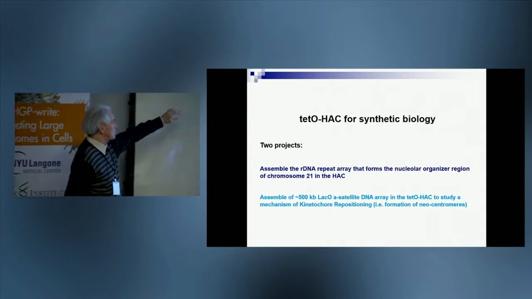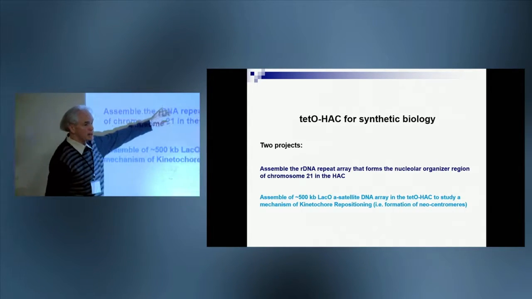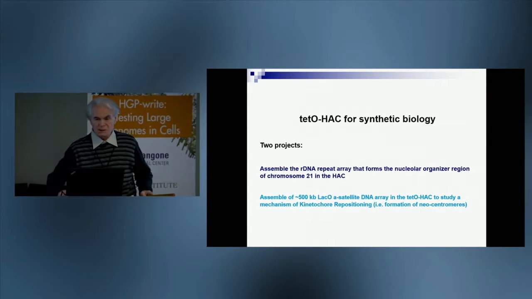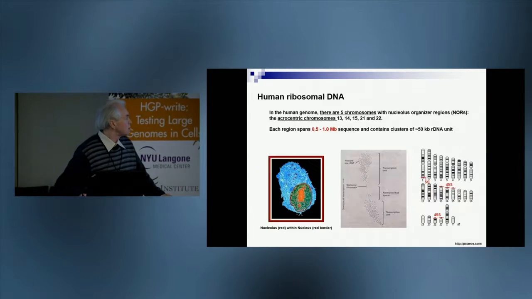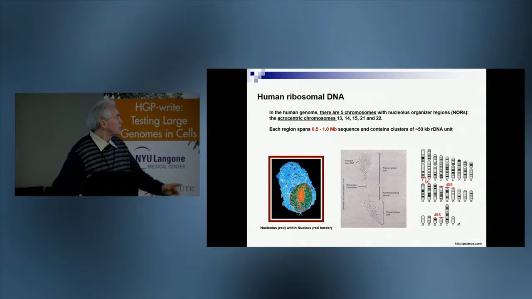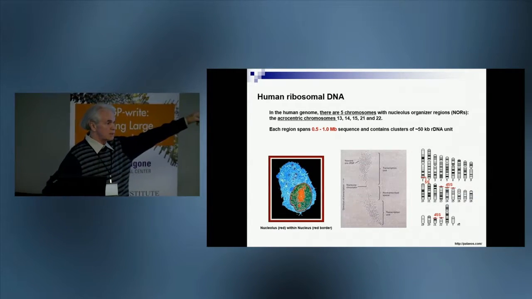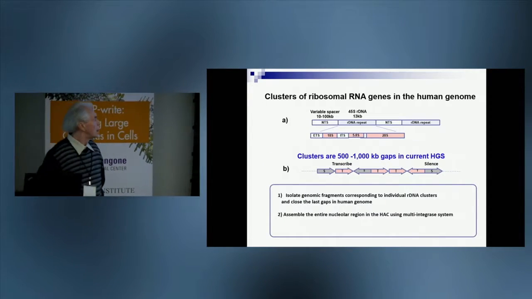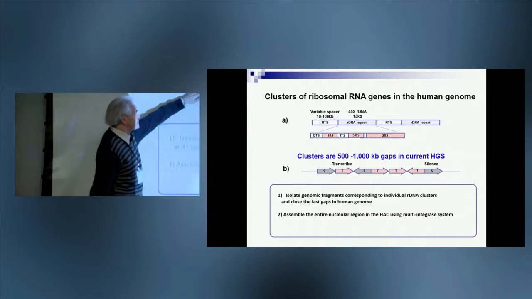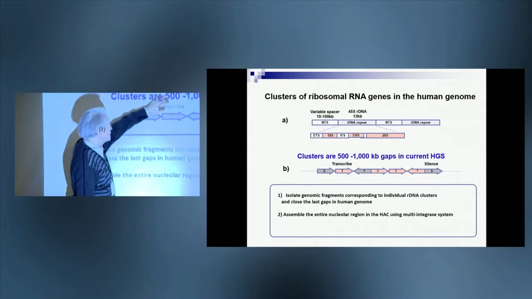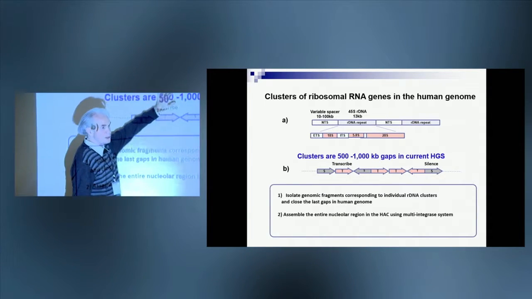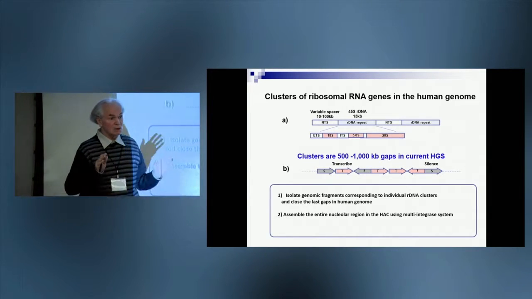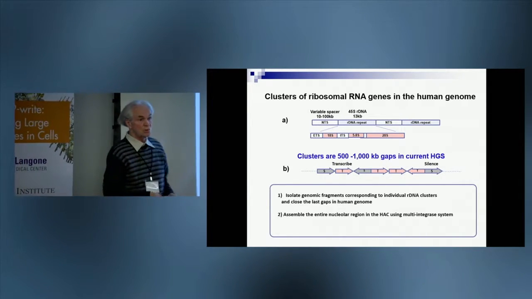I will briefly talk about assembly of rDNA array to form nuclear organization center on chromosome 21. Remember that there are 5 clusters of rDNA genes in human acrocentric chromosomes. This is a large region, from half to 1 megabase, and these are gaps till now in the current human genome project.